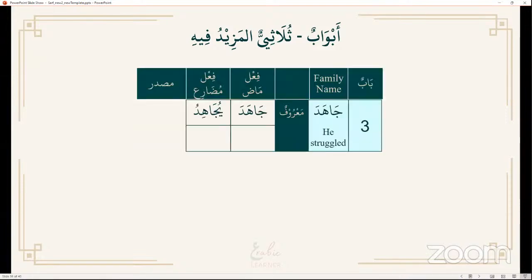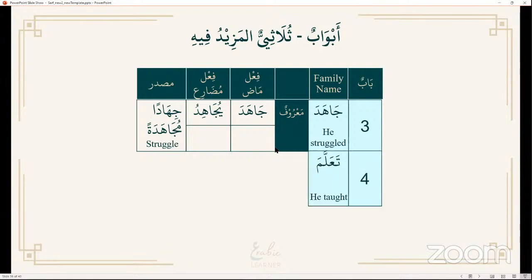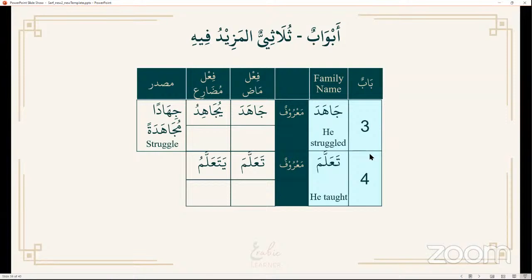Jahada yujahidu jihadan aw mujahadatan. Then ta'allama yata'allamu ta'alluman. Again with me.